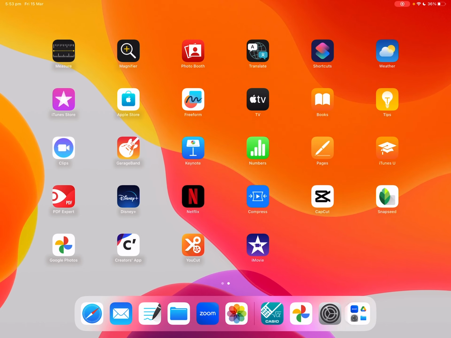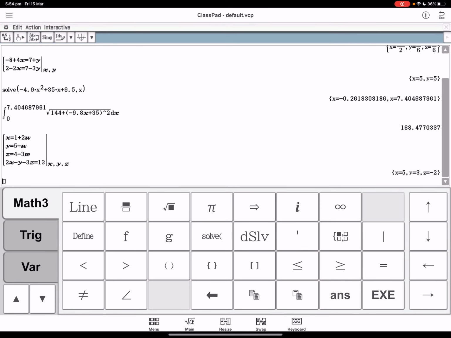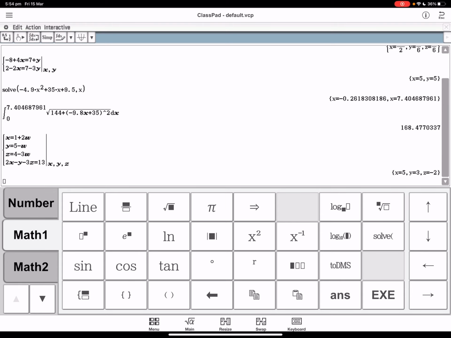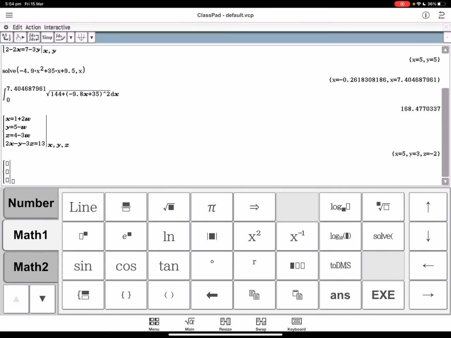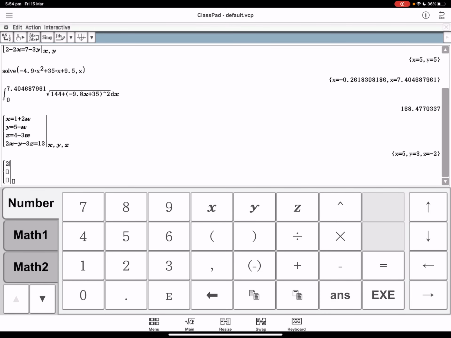So let's have a look. I'm just going to write it in terms of x's. One equation is minus x plus 2y plus 2z equals 0. Another equation that we had was x squared plus y squared plus z squared is equal to 26.